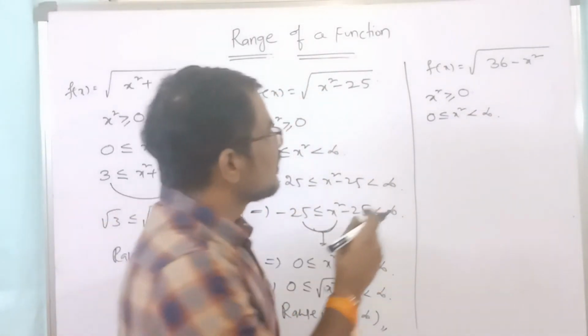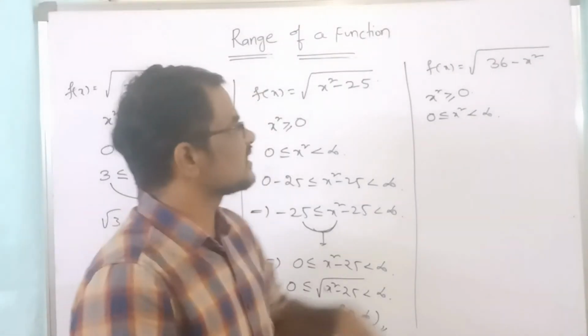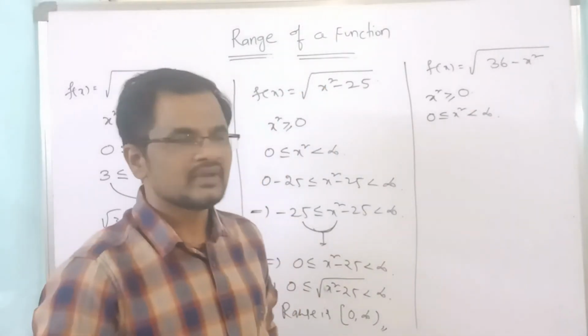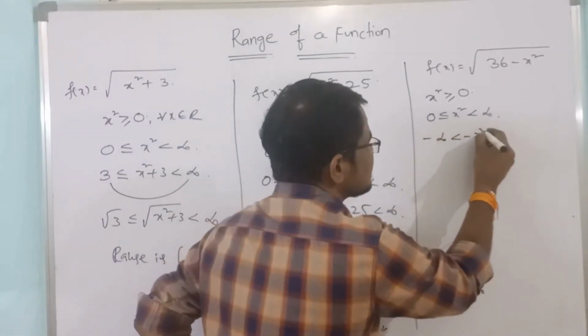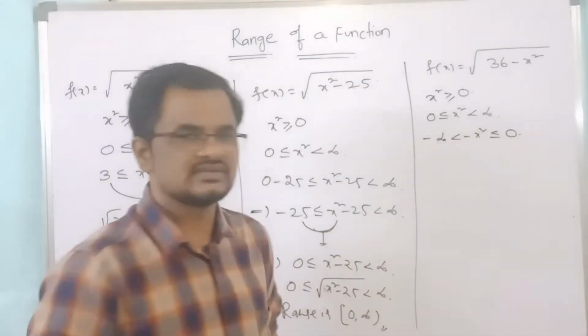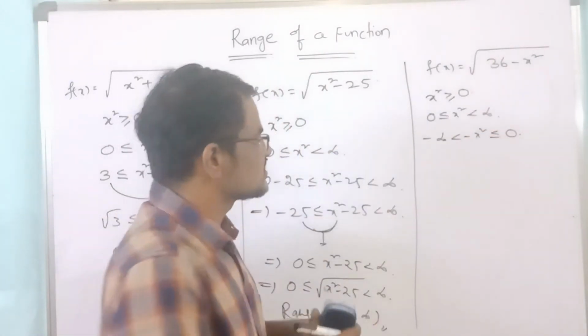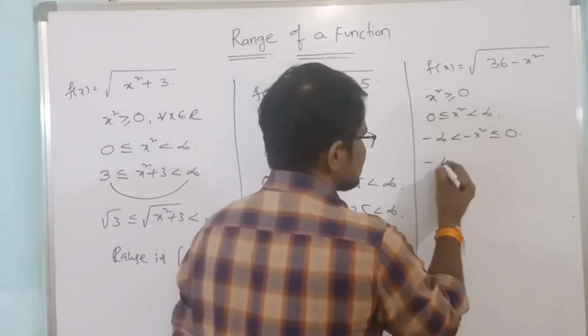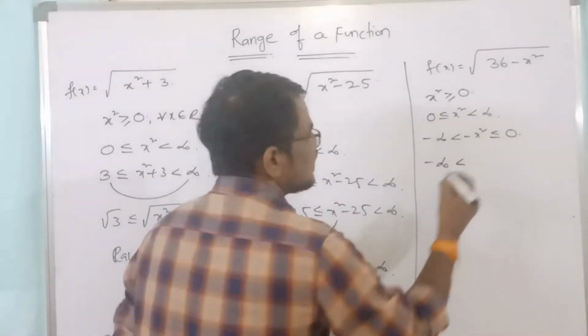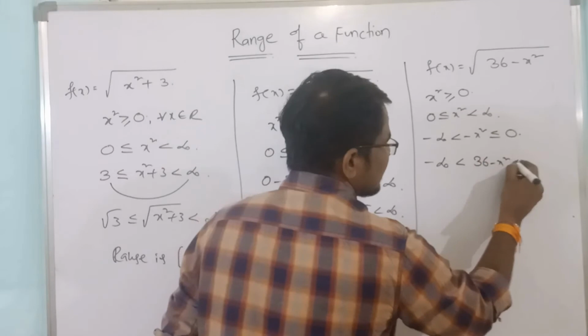Now multiply with minus because here minus x square is there. So if you multiply with minus, minus infinity less than minus x square less than or equal to 0. Add 36. So minus infinity less than 36 minus x square less than or equal to 36.